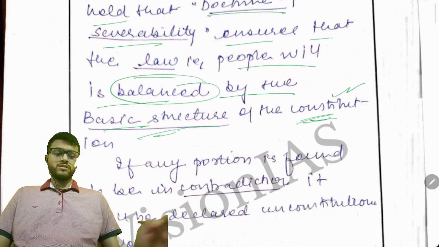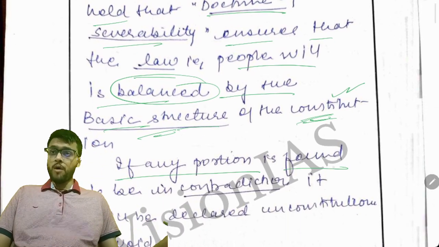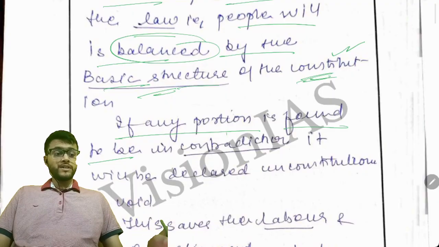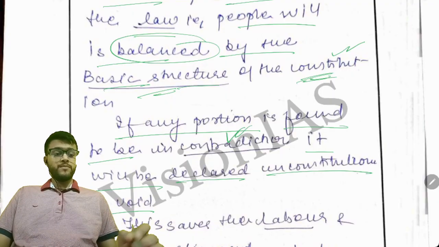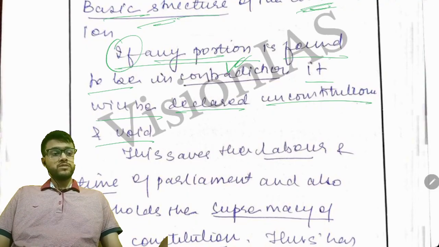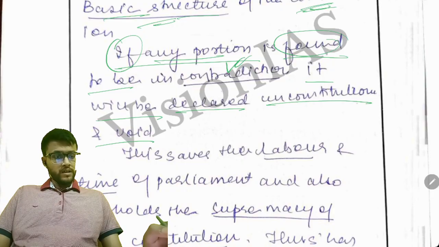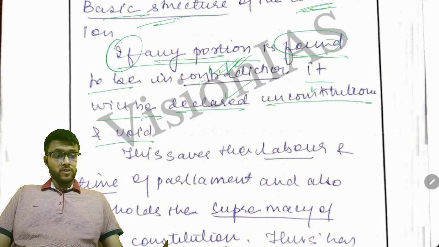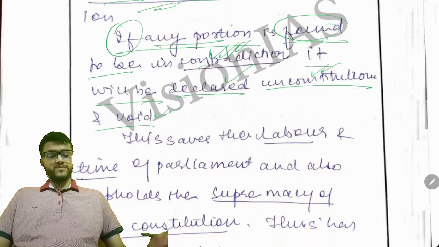If any portion is found to be contradictory, it will be declared unconstitutional and void.